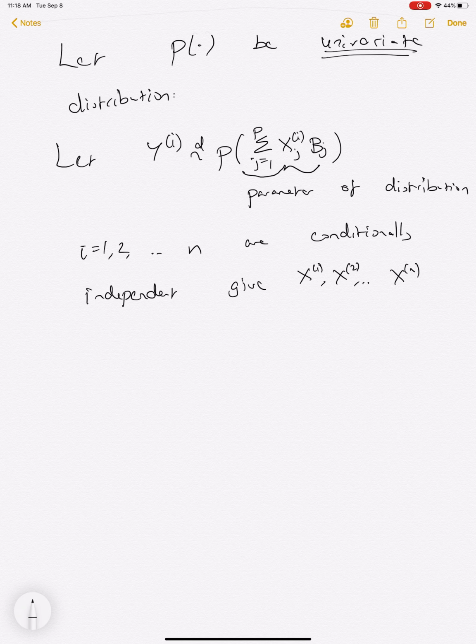Okay, so that's going to allow us to write out this distribution more clearly.